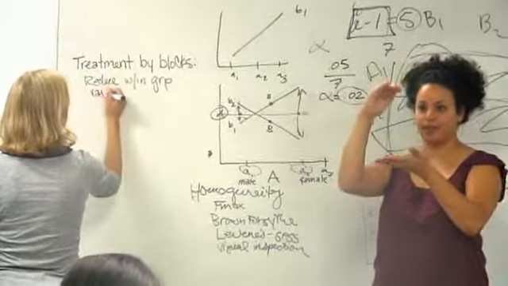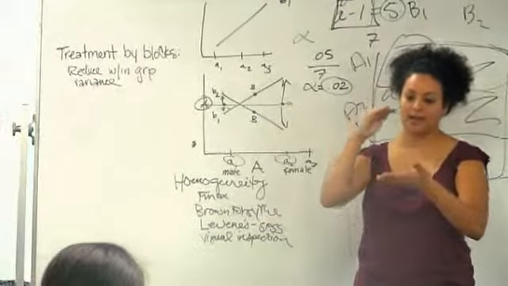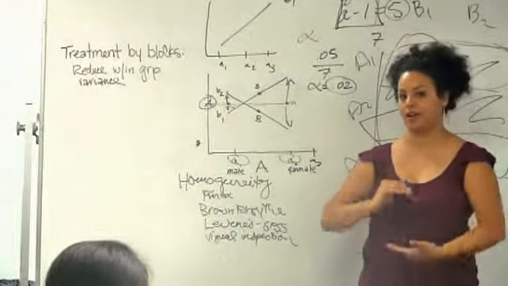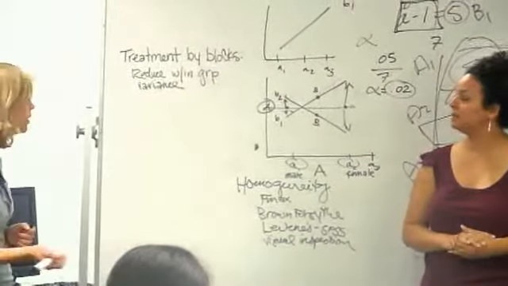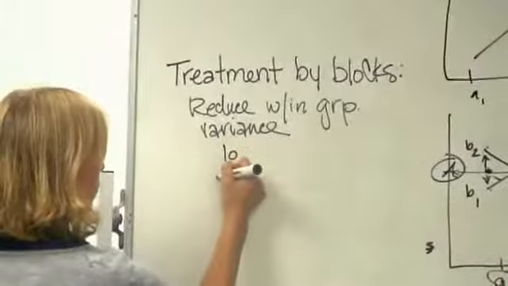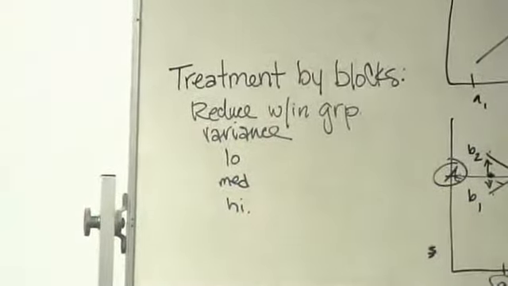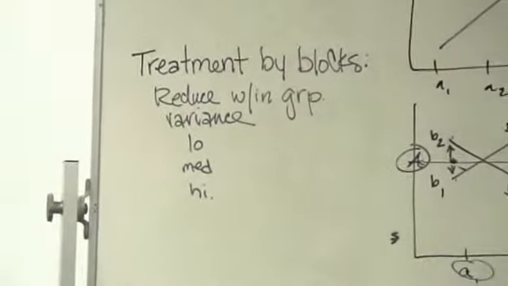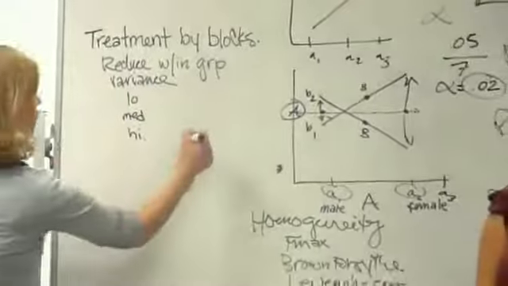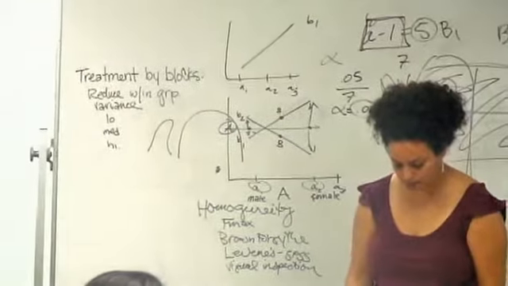You want to categorize it instead of having a continuous variable, so that you're reducing the variance. So you're blocking it. That's treatment by blocks. Right. So you might have low, medium, high. Yeah. Instead of just having it as a continuous variable, you put people in sections, and that'll reduce your variance.